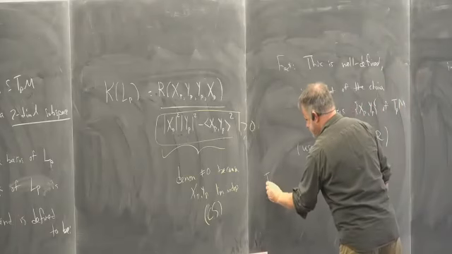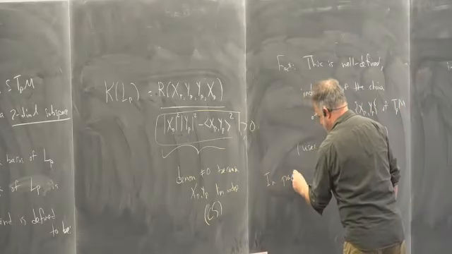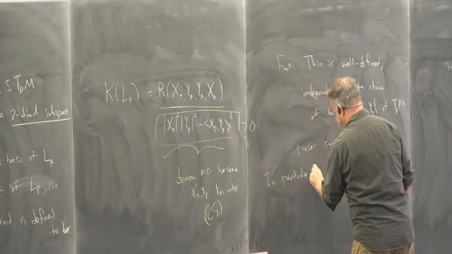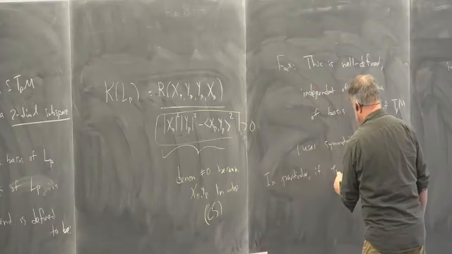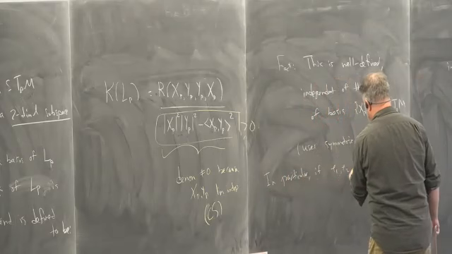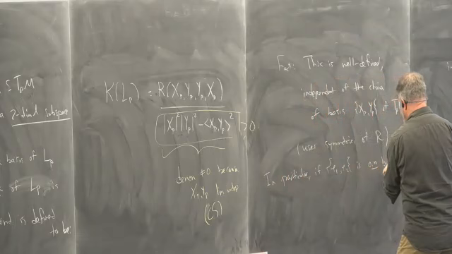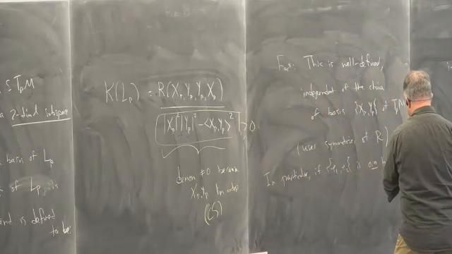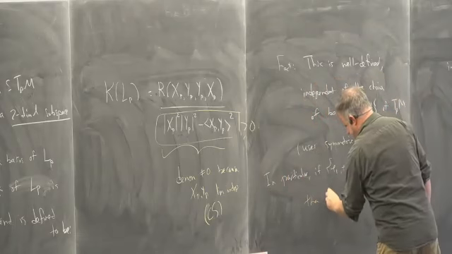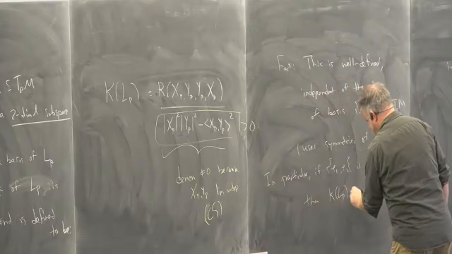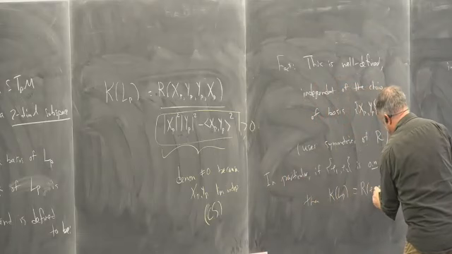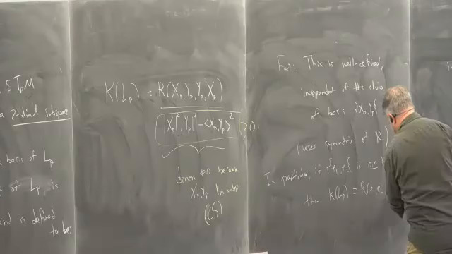So in particular, if E1 and E2 is an orthonormal basis of LP, then K of LP is just R of E1, E2, E2, E1.